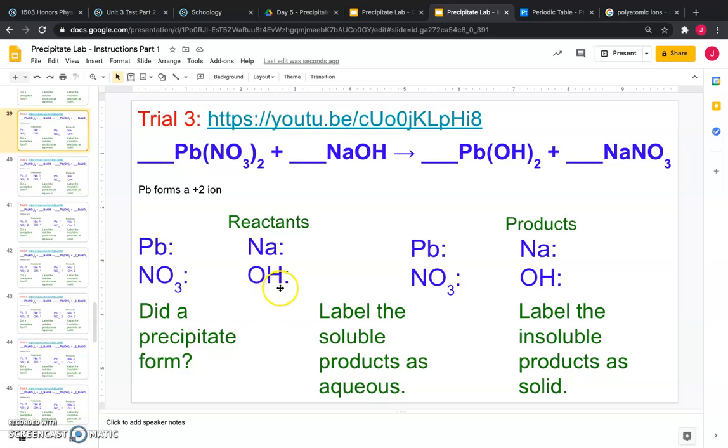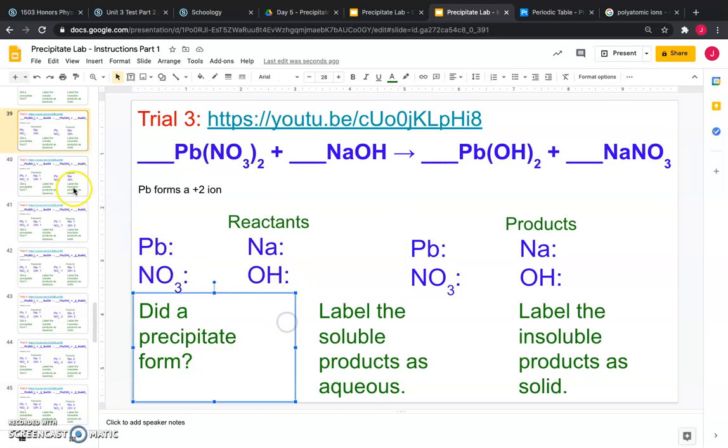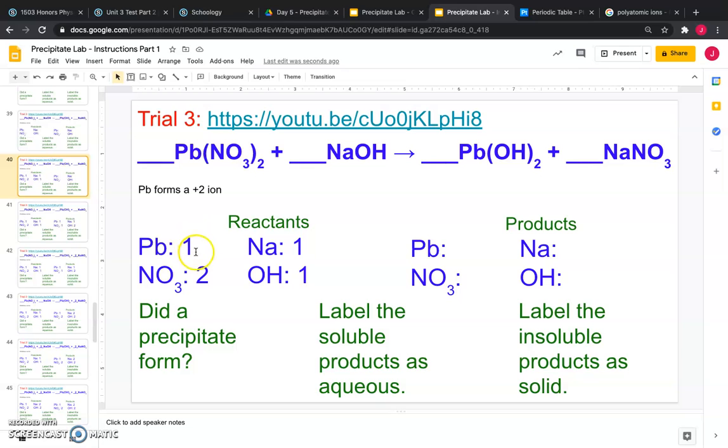There should be one lead atom, 2 nitrates, 1 sodium, and 1 hydroxide on the reactant side. On the product side, there should be 1 lead and 1 sodium, but there's only going to be 1 nitrate and there's going to be 2 hydroxides. And that's because of this little subscript 2 here, 2 hydroxides, but only 1 nitrate.